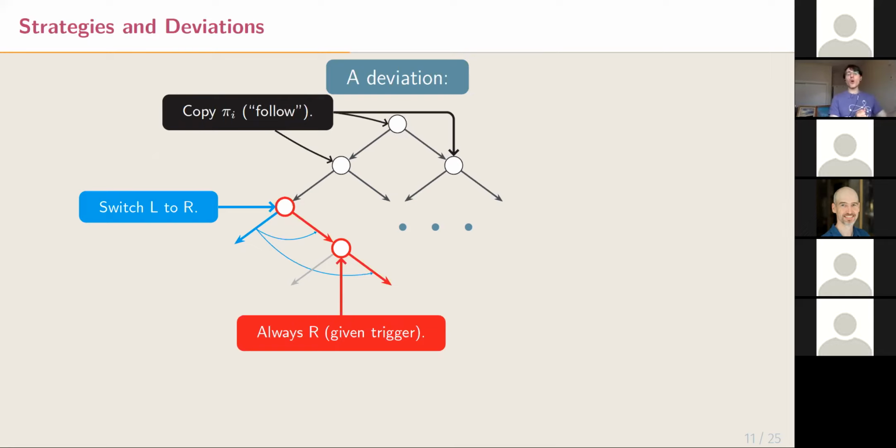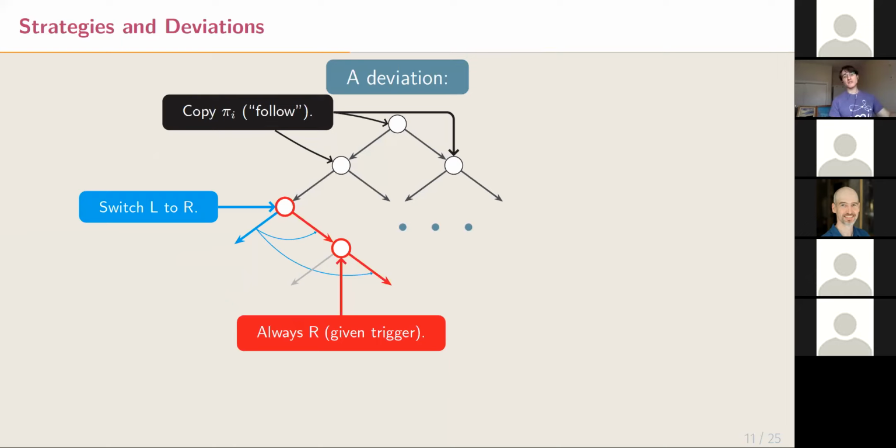And we call this a trigger information set. So the deviation is going to trigger at that information set on that action and change it to right. And then on the next information set, if that strategy had triggered the deviation, then the deviation is also going to always play right in the next information set. Does that all make sense? All right, I'll take that as a yes.